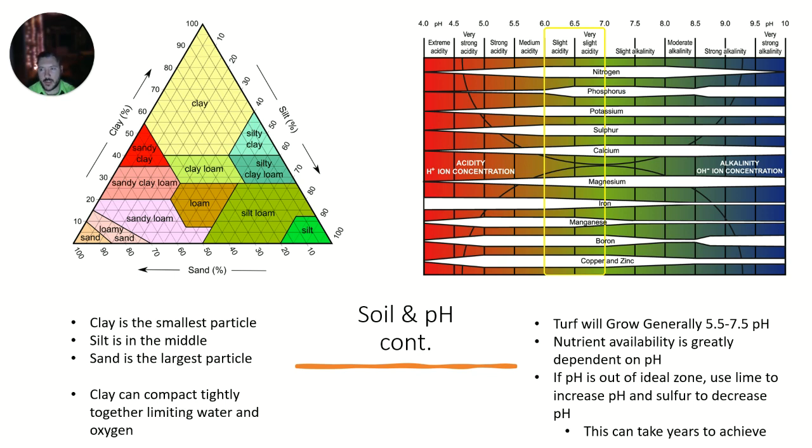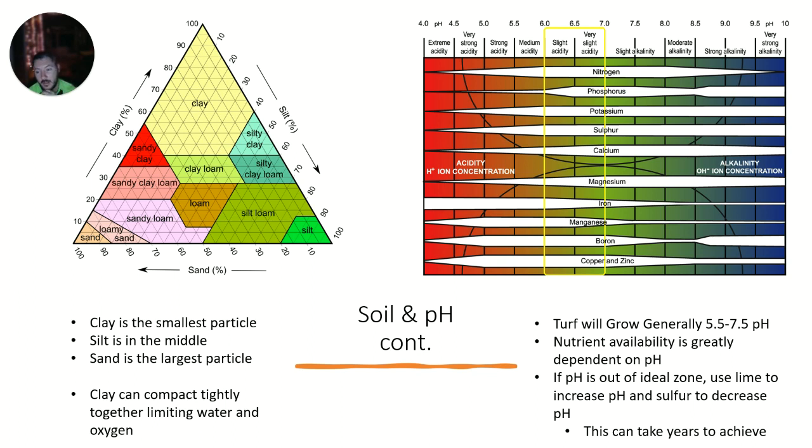Sand is the coarsest particle. And when I say coarse, it is the largest particle. And so it's very difficult to take sand and make a ball of it. It's just going to fall right out, right? It's coarse. It doesn't want to stick together. But clay, on the other hand, is really fine. And so you can make clay balls very, very easily. Clay is really susceptible to compaction.